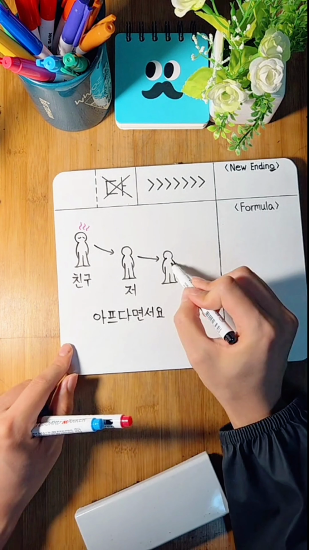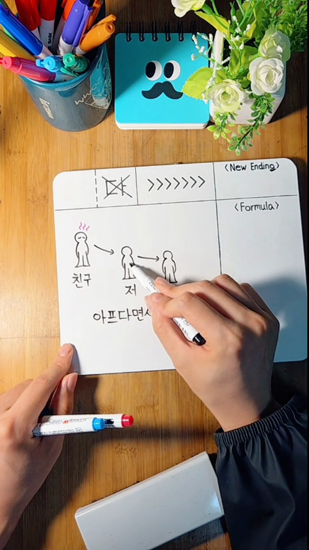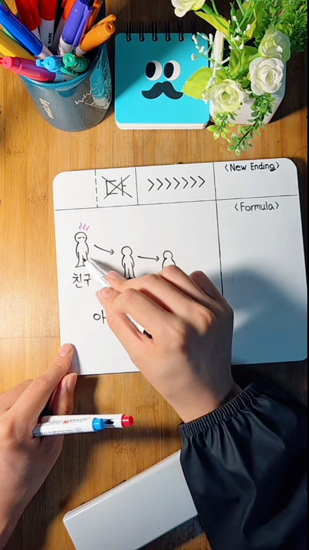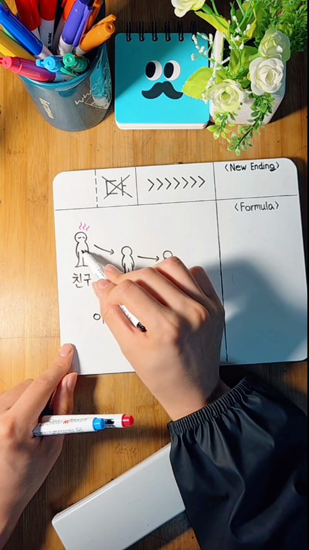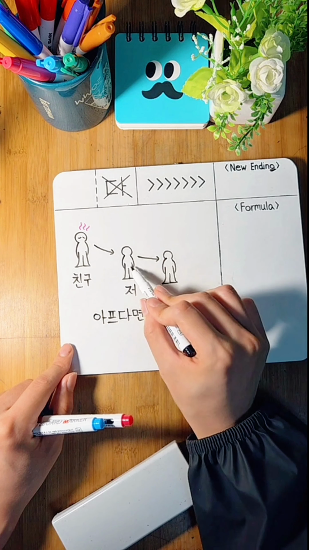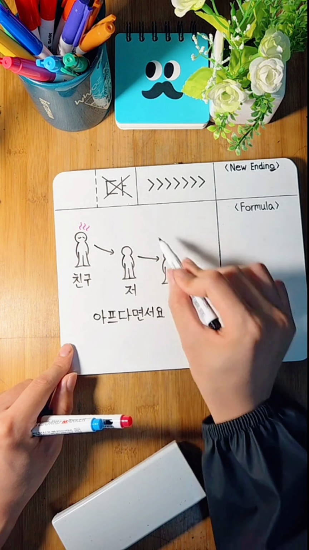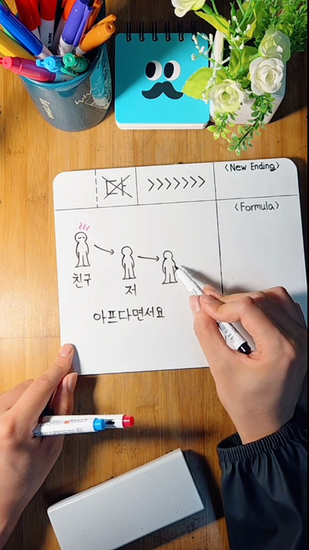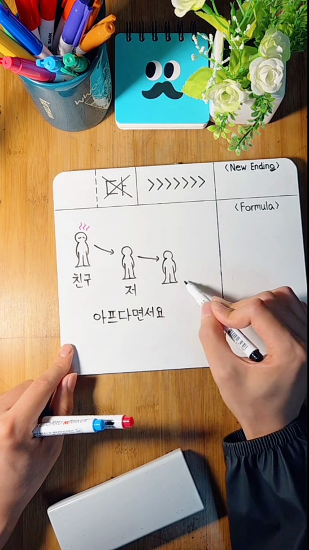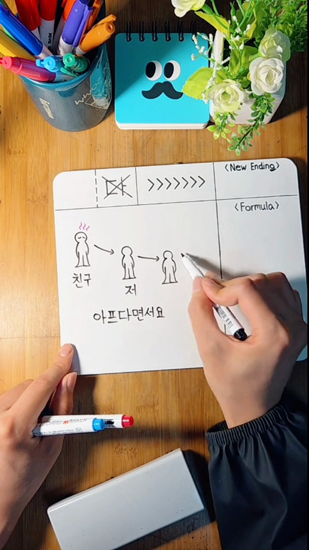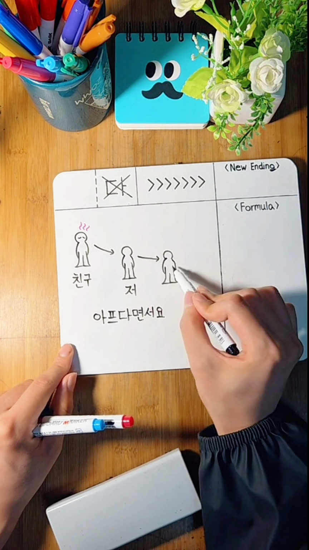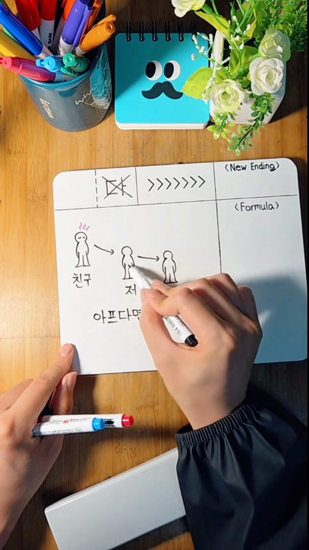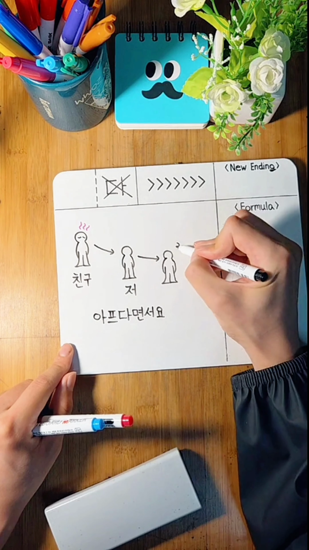Now, what if this person asks, hey, where's your friend? Didn't you say that you will come with your friend? And I'm gonna say, oh, well, he called me this morning and told me that he's sick, so he can't come today. So in this case, it's also reported speech. But in this case, it's information that the listener did not know. When I say, well, I heard that he's sick, he can't come, he told me that he's sick. Now the listener did not know.